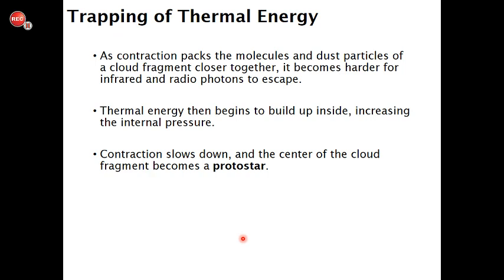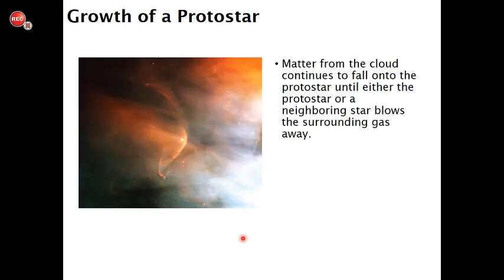But the general idea is, as it contracts, it heats up again. So the contractions only occur when the cloud can radiate away some thermal energy. The growth of the star occurs by how much of the cloud outside of the protostar can fall onto it and make it a larger object.